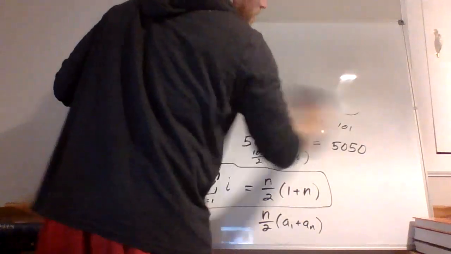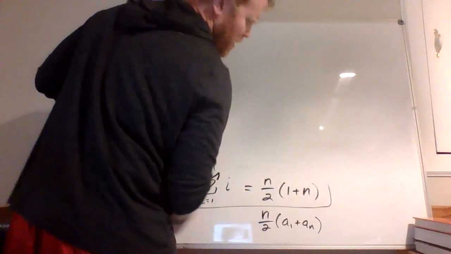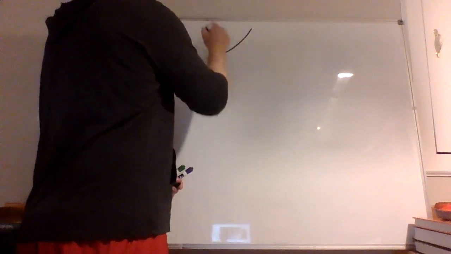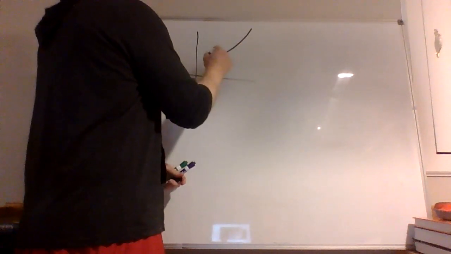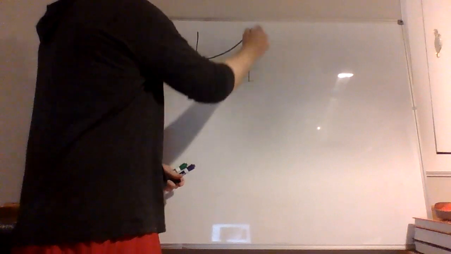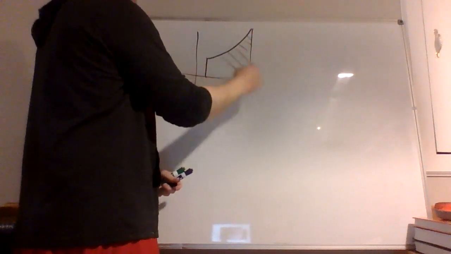If you have that document that I am attaching with this video, we get to this place where there's a big curve, and we want to find the area under that curve. So we want to find this exact area, all of it.